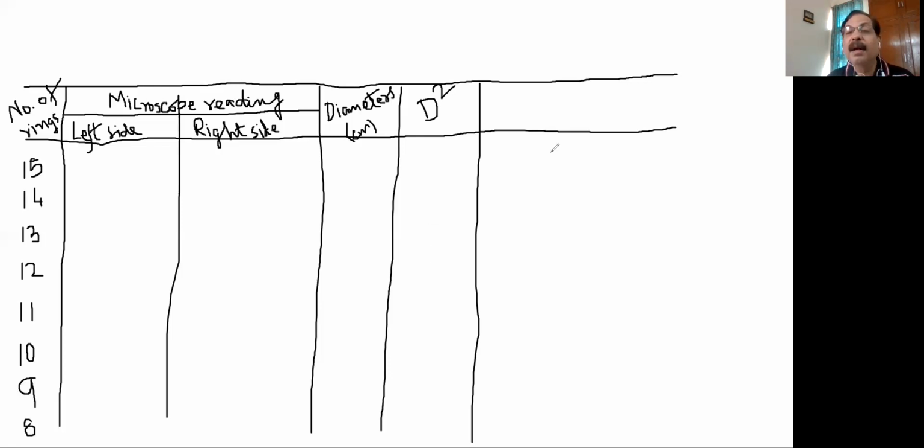Okay, now if we take the value of p, suppose 5, then in this column we will write D n plus p square minus D n square.